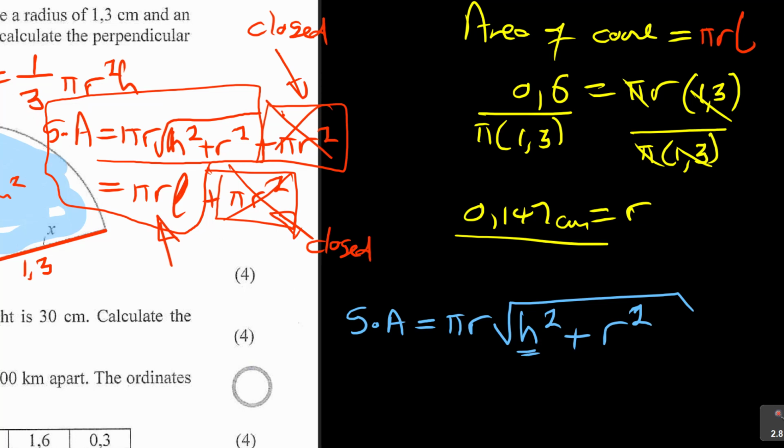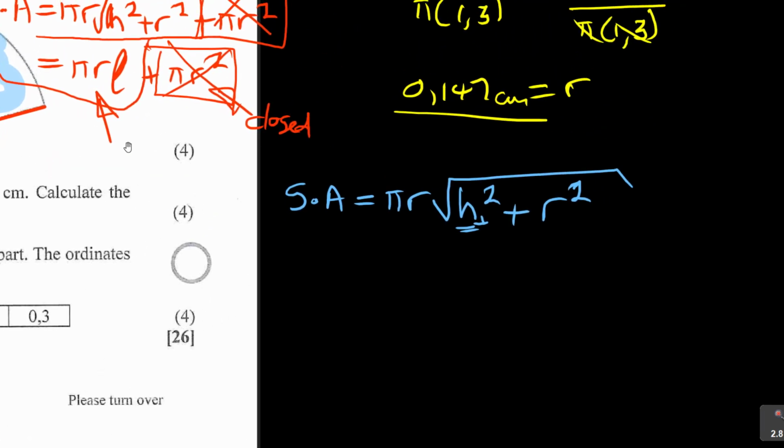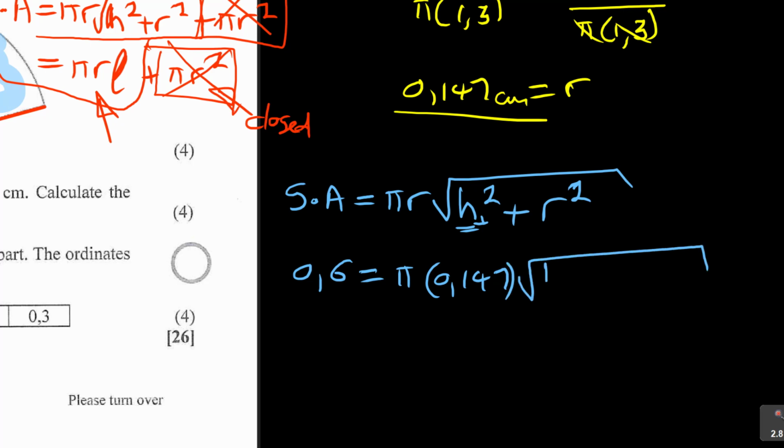When they're saying the perpendicular height, that is your h. Okay, this is the h we're finding. So we still maintain the same thing, we know the surface area. It's 0.6 is equal to pi. We know what is r, 0.147. Remember that. Square root of h squared plus 0.147 squared. Are you with me?